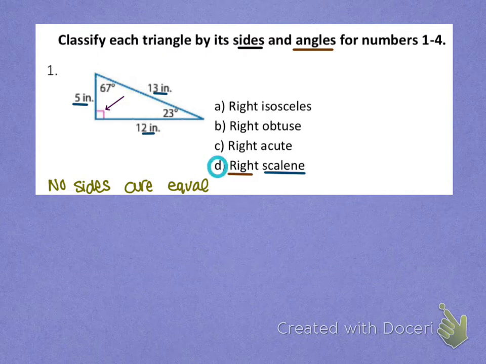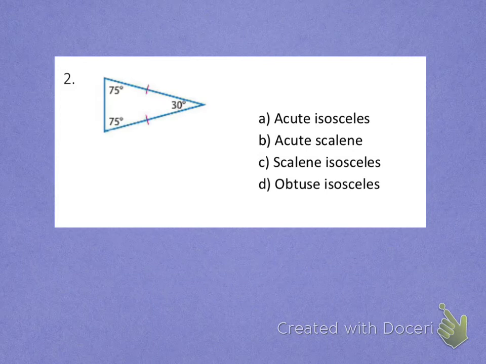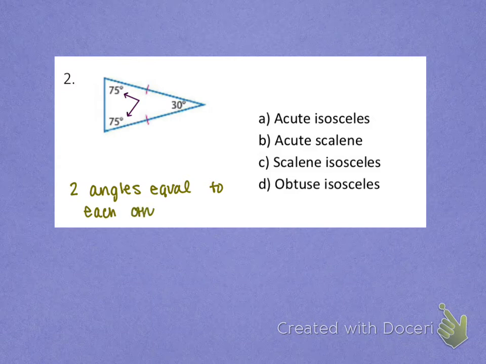Okay, so let's go to number 2. Same thing, we're looking at sides and angles. Let's go with angles first. Out of our angles, what's happening here? We have a 75 and a 75. If we have 2 angles equal to each other, then that's going to tell us something about our sides, right?